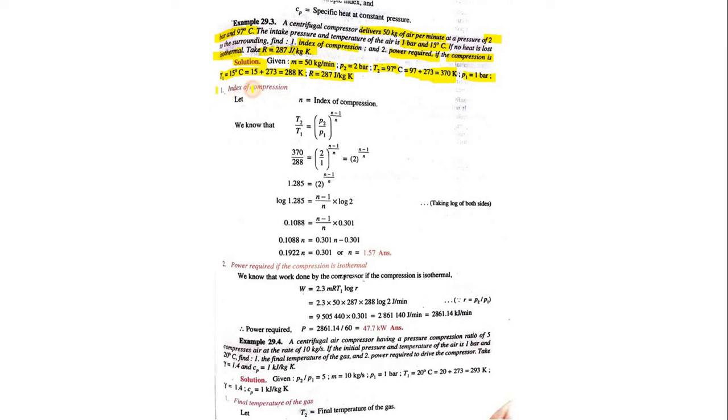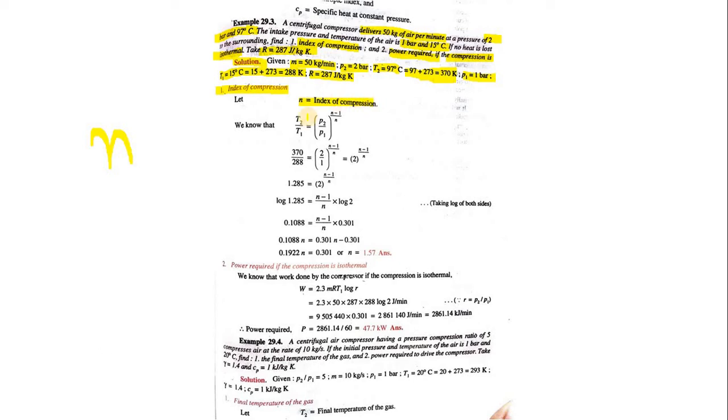Let us start with the index of compression. Keep in mind that this is generally related to the polytropic process, and we know the basic thermodynamic relation between temperature, pressure and volume.